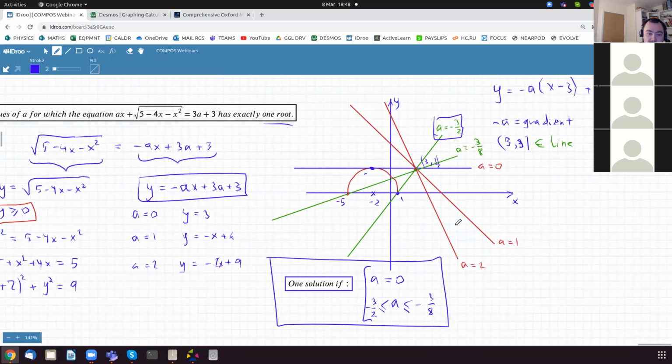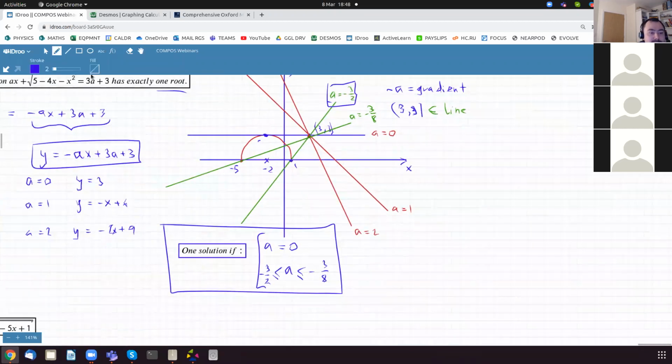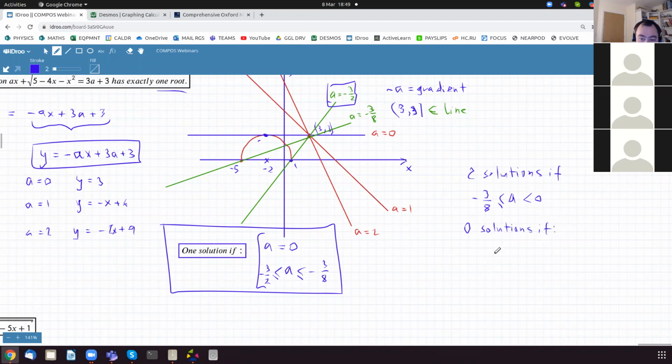Okay. They're not asking us, but we can say that there are two solutions if a is less than 0 and greater than or equal to minus 3/8, and 0 solutions if a is greater than 0, or a is less than minus 3/2.